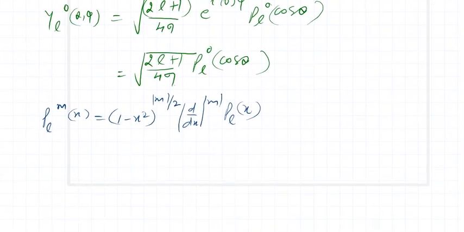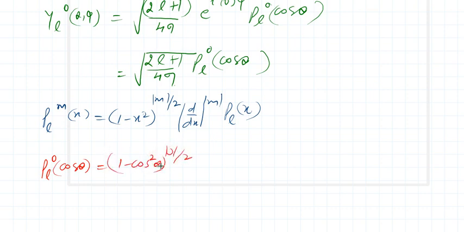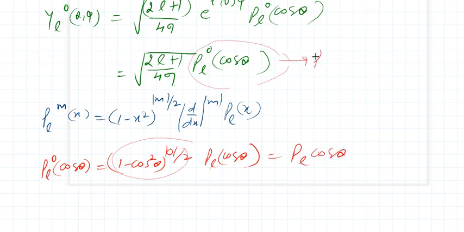So this P_L0(cos theta) is equal to what? 1 minus cos squared theta to the power 0 by 2, it's 0, and 0th order derivative means no derivative. So it is P_L(cos theta). And this is again 0. So simply what comes out? P_L(cos theta).